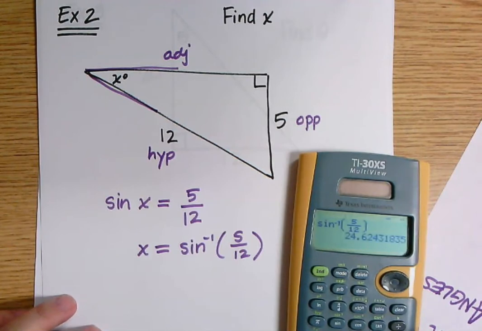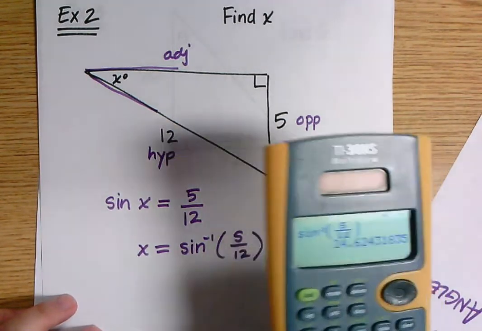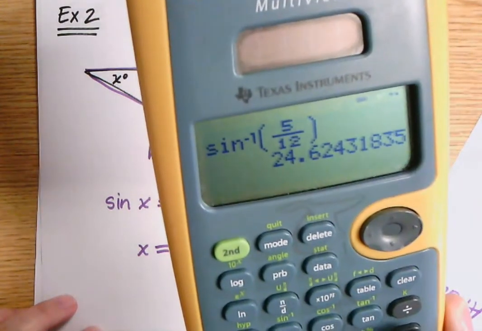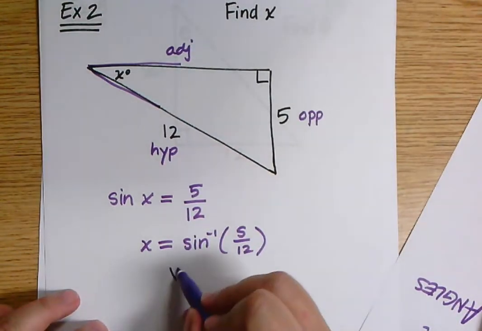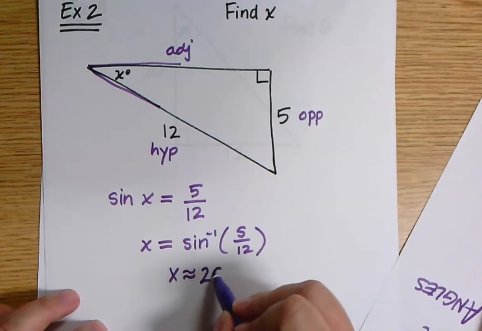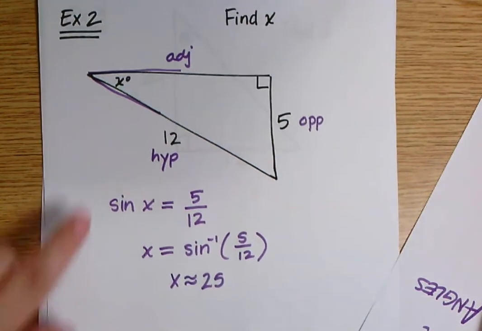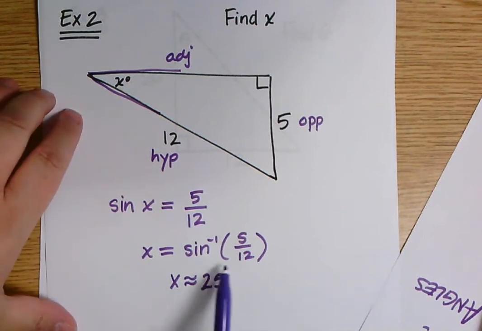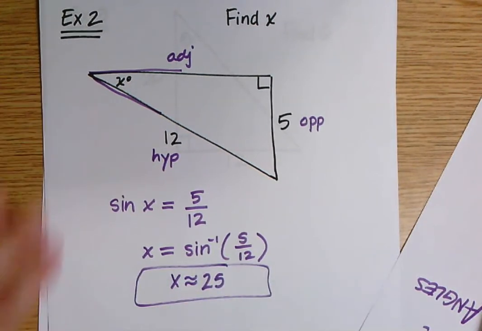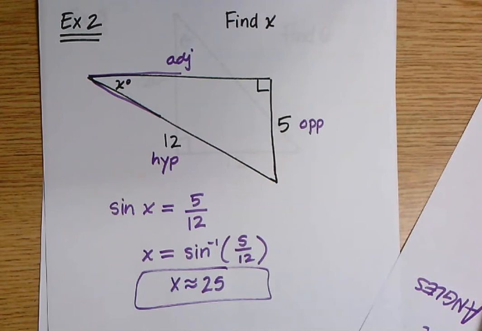And I could have changed it to a decimal first if I wanted to. But I get about 24.6, so about 25 degrees. So x is about 25 degrees. Really, x is about 25 because it has the degree symbol up here already. Any questions on that one?